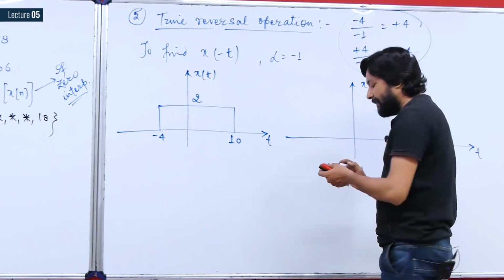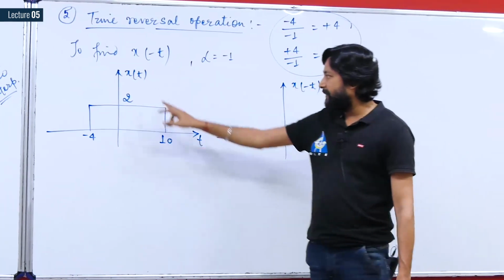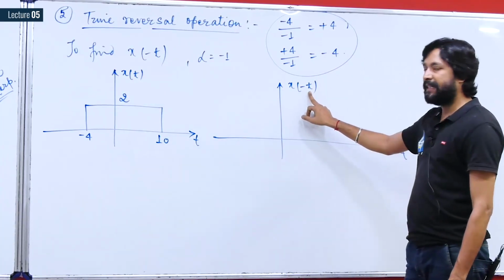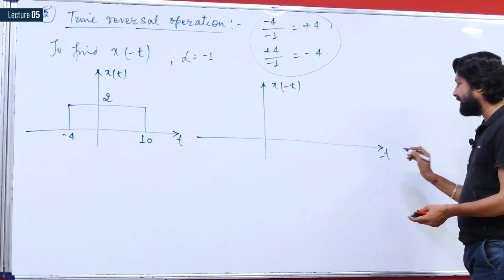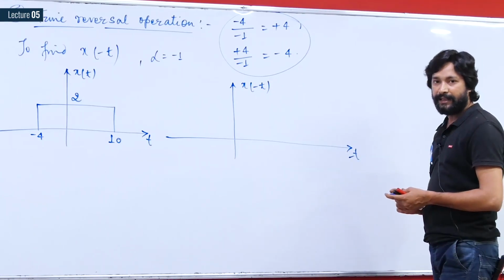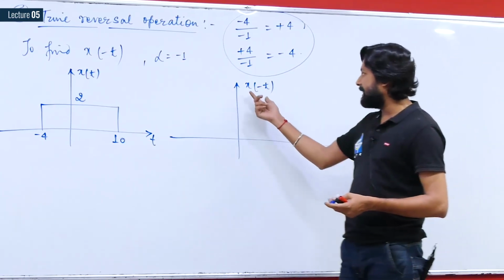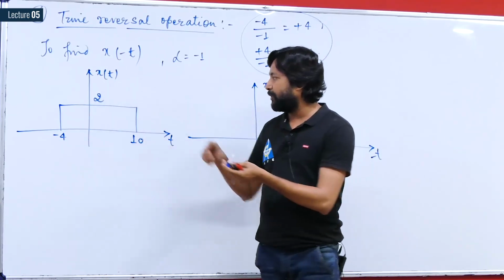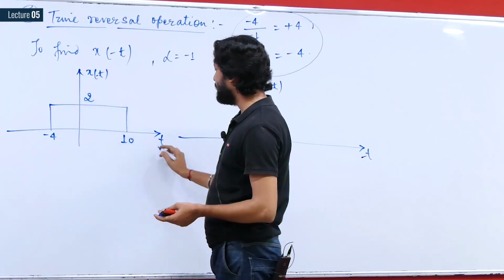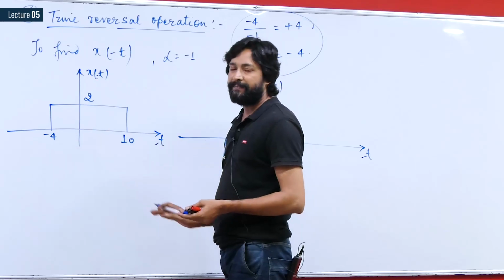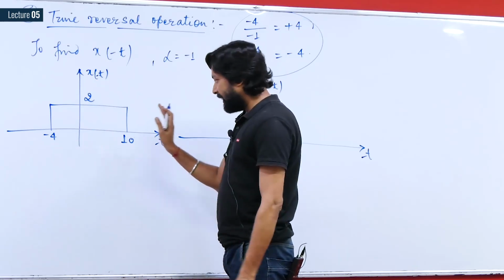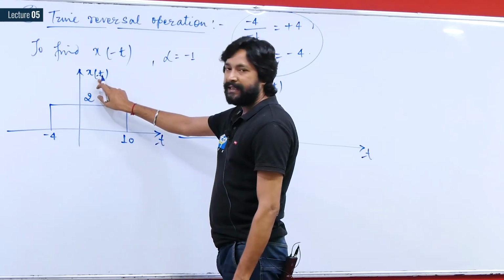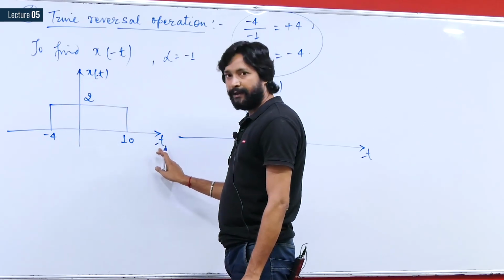What we have learned till now is that if we write x of -t with respect to -t, then there will not be any change. It means that the signal x of -t with respect to -t will look the same. If we put x of -t here and we take -t, then there will be no effect on the signal plot. Now we want to take x of -t here, but we want to take t only.